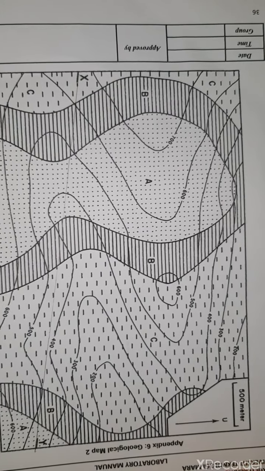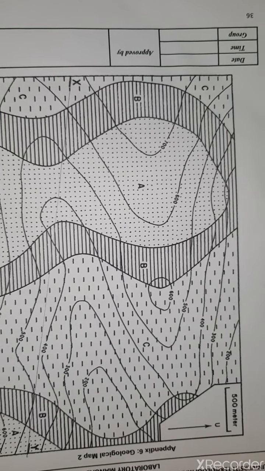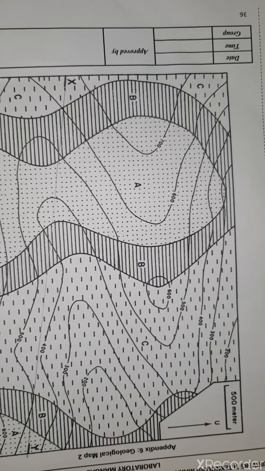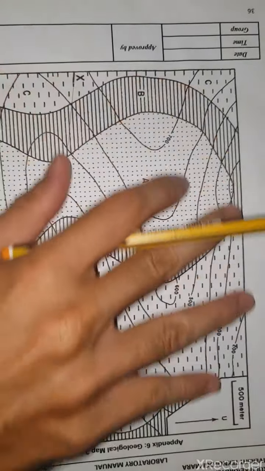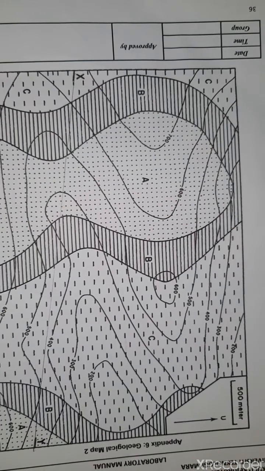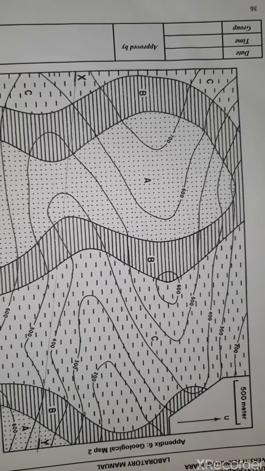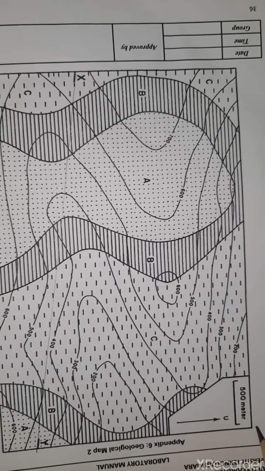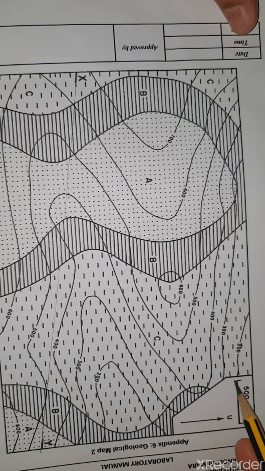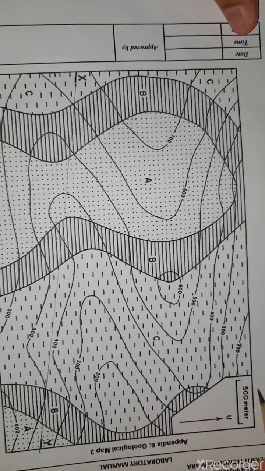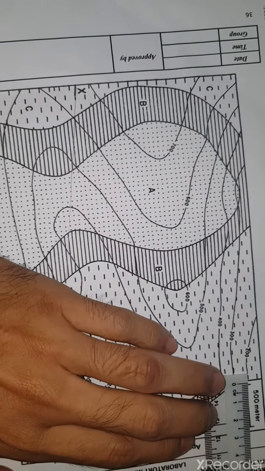This is the map of Geological 2. After you complete the coloring of this map with the correct colors according to the key, you must know how to read this map. Here is the scale of the map, and you must find the scale according to what is given.